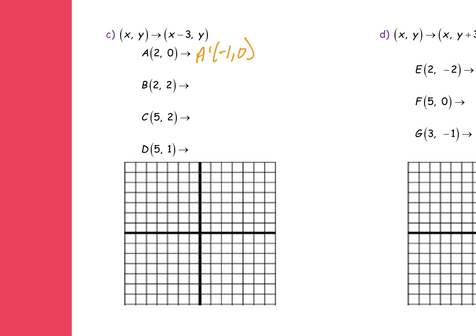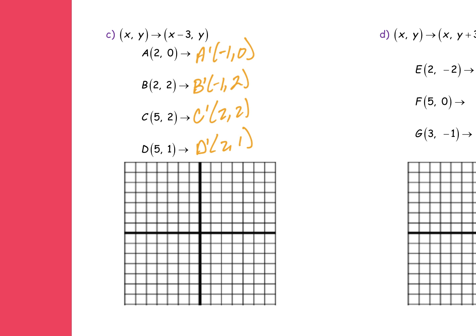Perfect. Okay, where's B prime located at? Negative 1, 2. Okay, and where's C prime located at? 2, 2. Yeah, good. And D prime is located at 2, 1, right? And then we graph them.